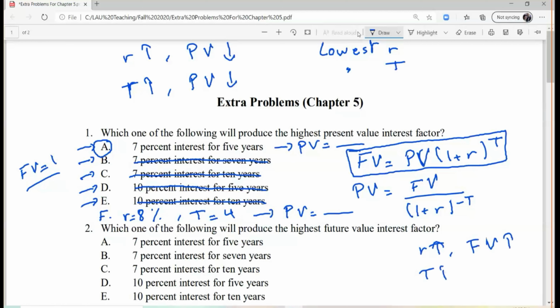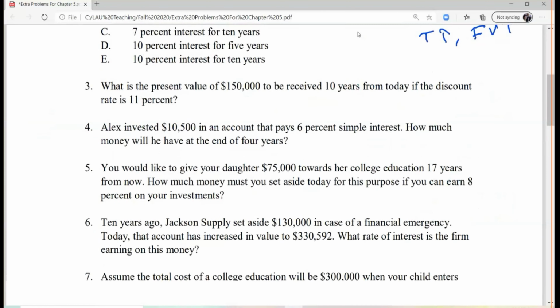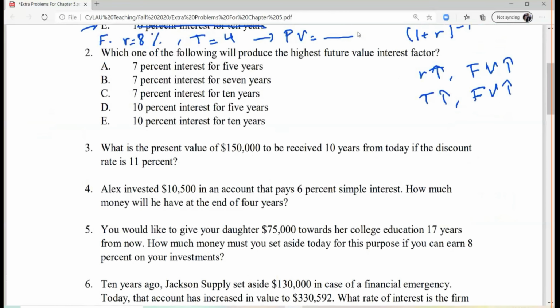As T increases, FV will also increase. So the one that will give me the highest future value interest factor will have the highest R and the highest T. So in this case, I should choose E: 10% interest for 10 years.